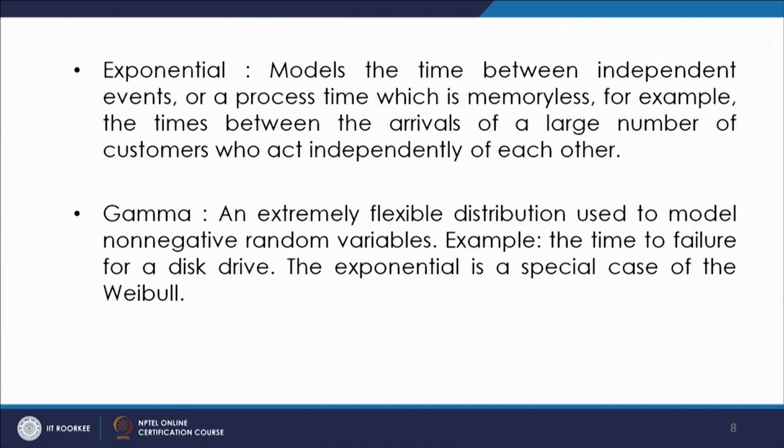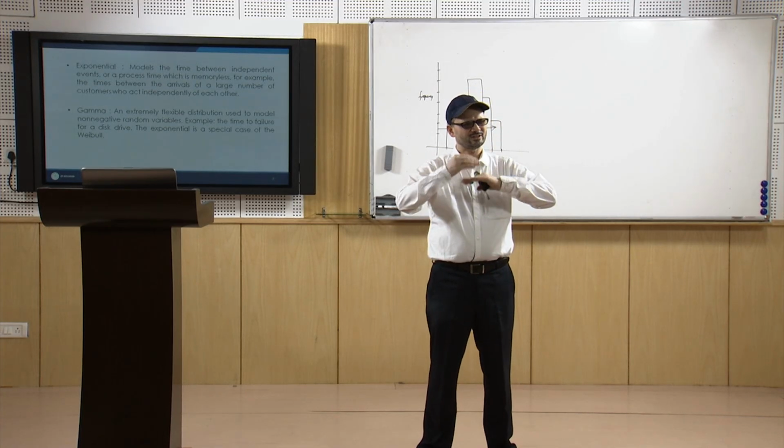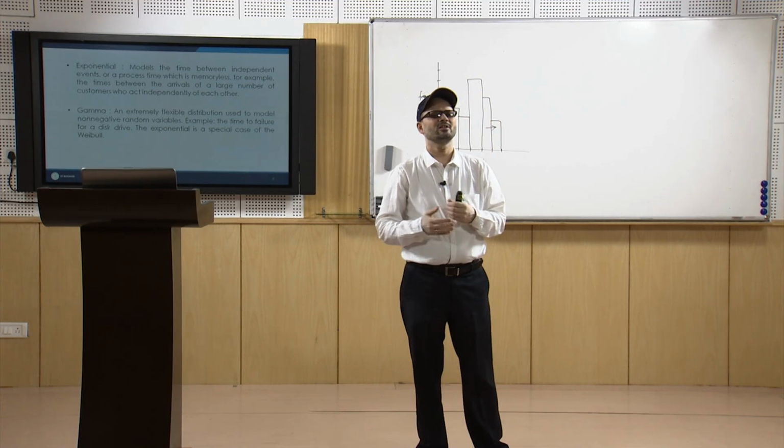Then another important distribution is the gamma distribution, which is very flexible and is used to model non-negative random variables like time to failure for a disk drive. In this case you have a gamma function, and as we know, its special case is also the exponential distribution.